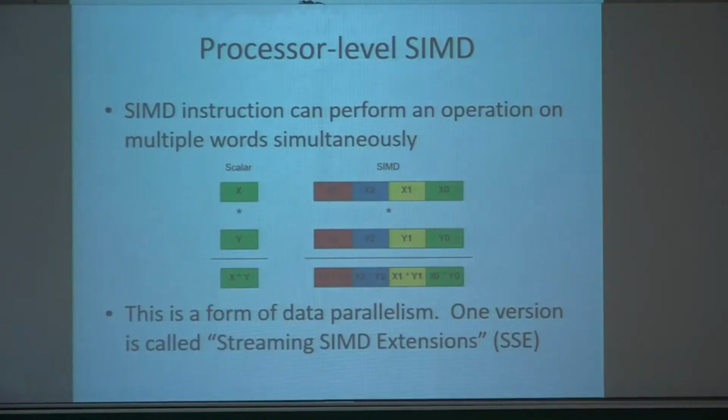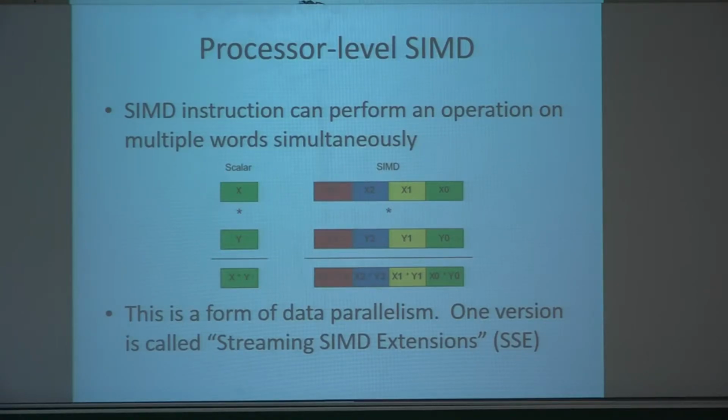Okay. So processor level SIMD, which is something I just introduced a moment ago, this is what I want to talk about now. It's an instruction that can perform an operation on multiple words simultaneously. So before SIMD, the way you would normally think about things is scalar instructions. You have an X, you have a Y, and you want to compute a product.